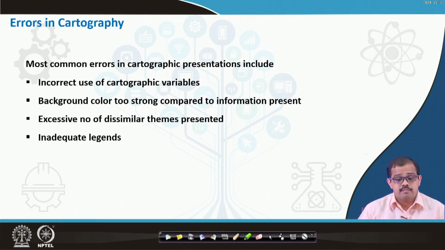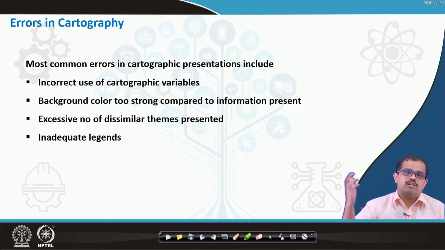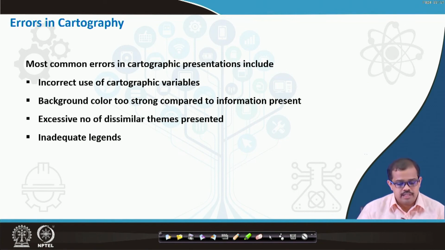Excessive number of dissimilar themes presented: don't use dissimilar themes, either have the same thematic representation for all the layers, so it will be more pleasing to the eyes, and even interpreting it is much easier. If there is no way of representing it in a similar way, then only go for a different way of representation.